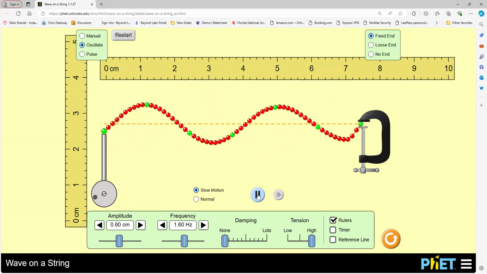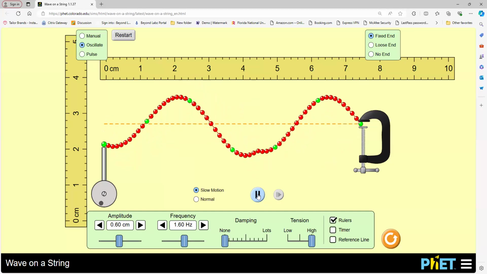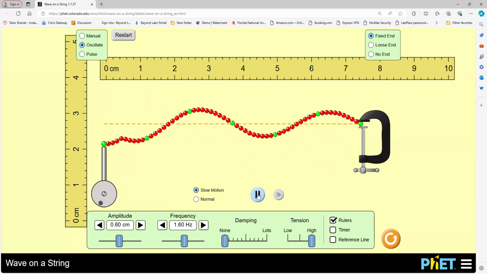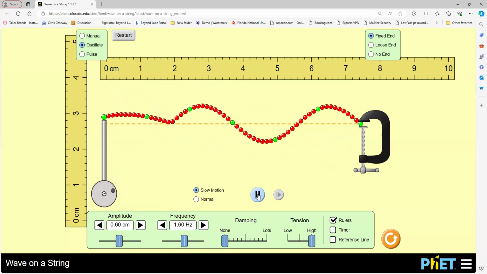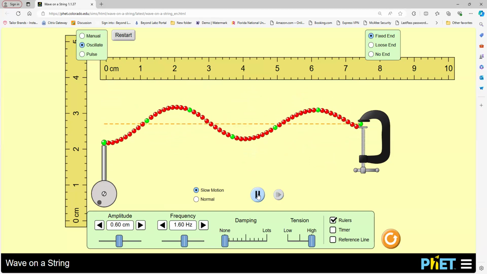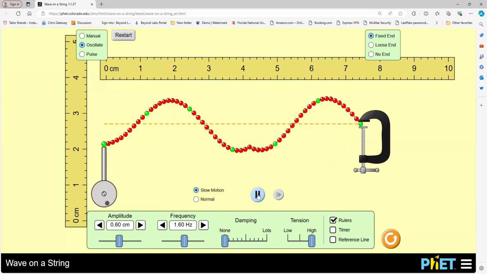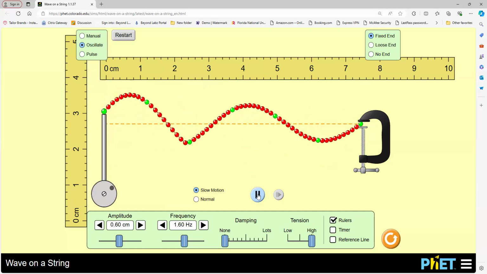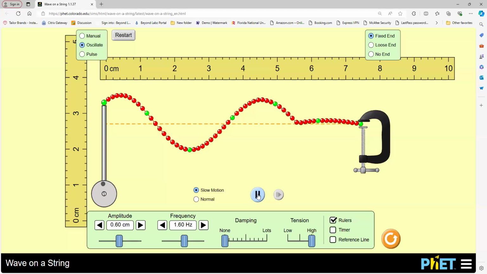So we'll stop. Let me wait that these just be more stable.